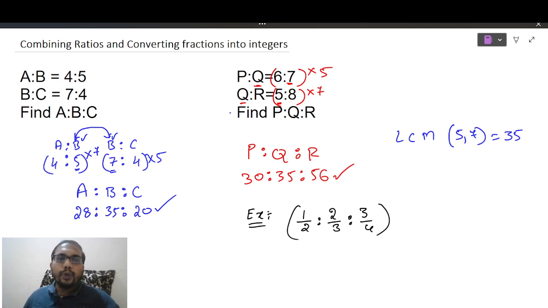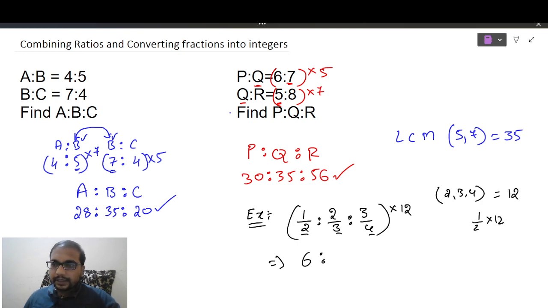Converting fractions into integers, how will you convert it? So here what are the denominators? 2, 3 and 4. You need to take the LCM of the denominators. LCM is how much value? 12. So you need to multiply each and every value with 12. Half into 12 is how much value? 6.